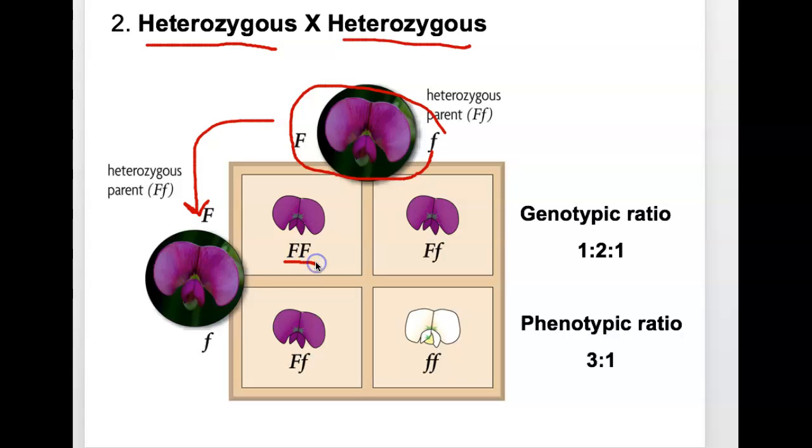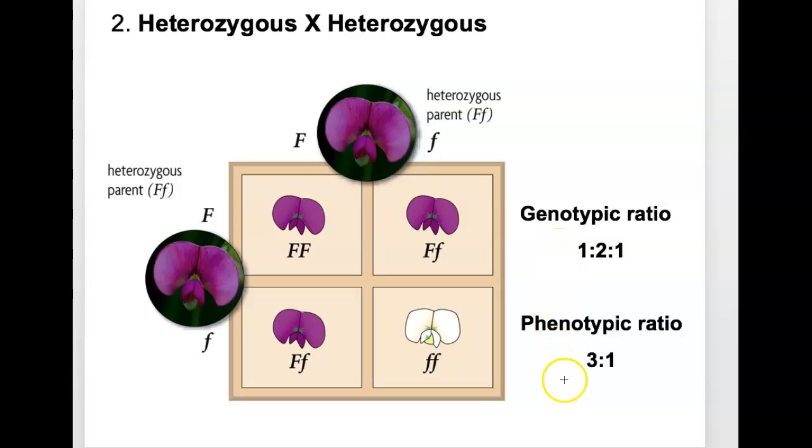So he has one offspring that is a pure capital F. Here's one that is another hybrid, a second another hybrid, and wouldn't you know, we have one who actually shows a white recessive flower. What this means is that the trait comes back in the next generation.